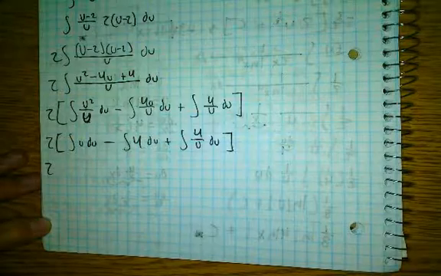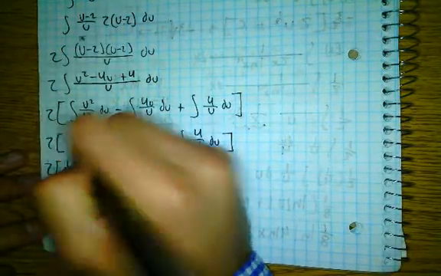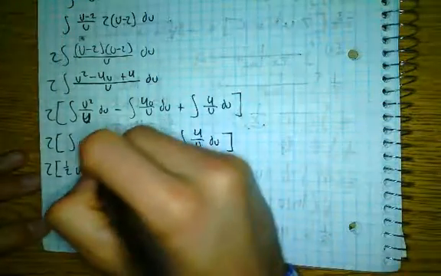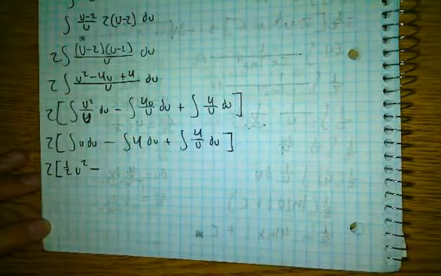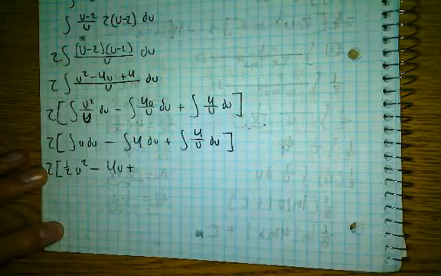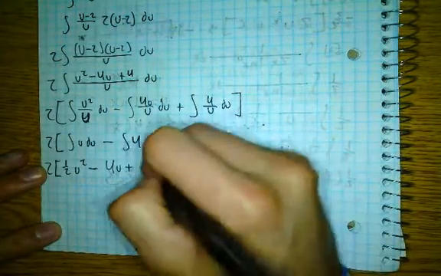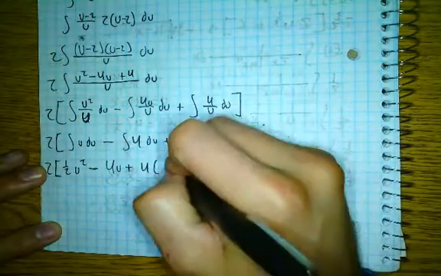4u plus, are you guys okay with me pulling this 4 out? So 4 times, if I pull out the 4, then that means that this becomes a 4, and this stays as 1, right? Agreed? So what's the antiderivative of 1 over u?